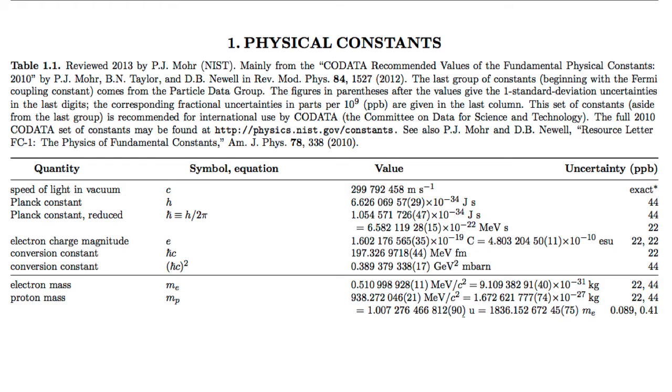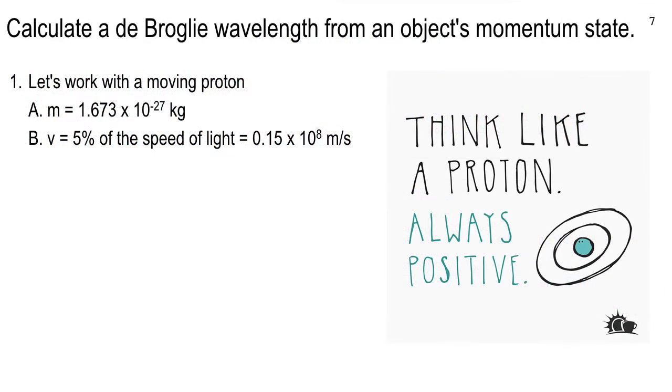They keep track of all the constants of nature, the latest experiments, latest measurements, the best values. And we're going to be using speed of light, Planck's constant, and the mass of the electron, the mass of the proton today. So let's talk about a proton.